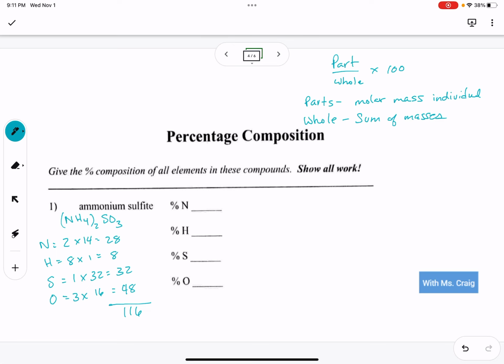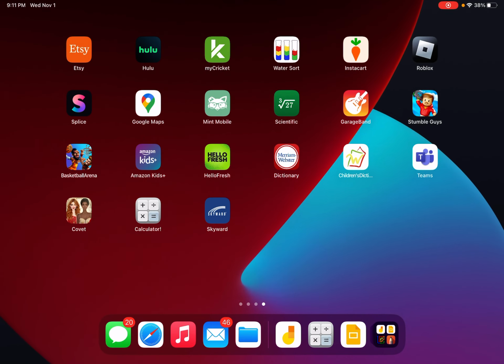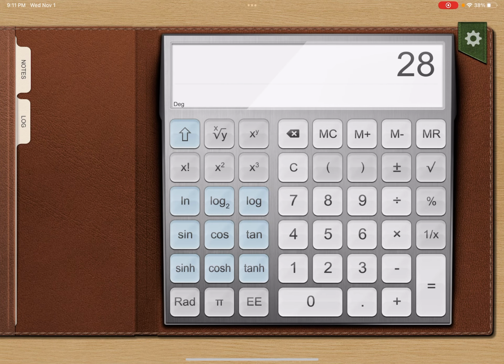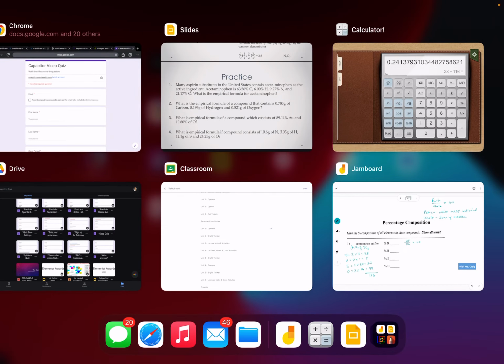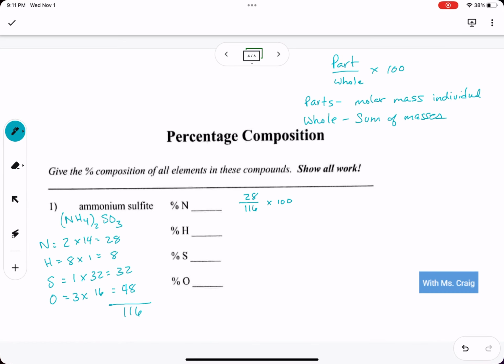Okay, now we're going to do the division. So nitrogen's part is going to be 28, the part, divided by the whole of 116. And then we'll multiply that by 100. 28 divided by 116 is 0.24, but times 100 would be 24%.